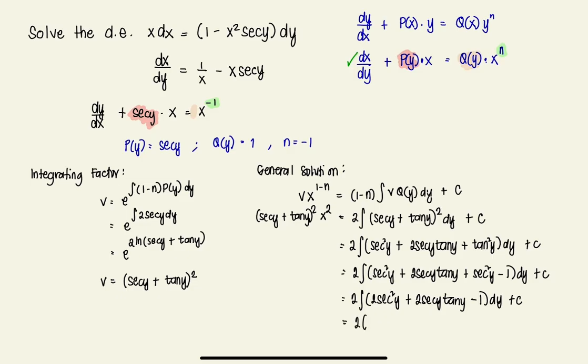That's 2 times 2 tangent y, the integral of secant squared y, and the integral of secant y tangent y gives plus 2 secant y, and the integral of 1 is y, plus c. So that's equal to x squared times secant y plus tangent y quantity squared. And so that is our general solution for our given differential equation.